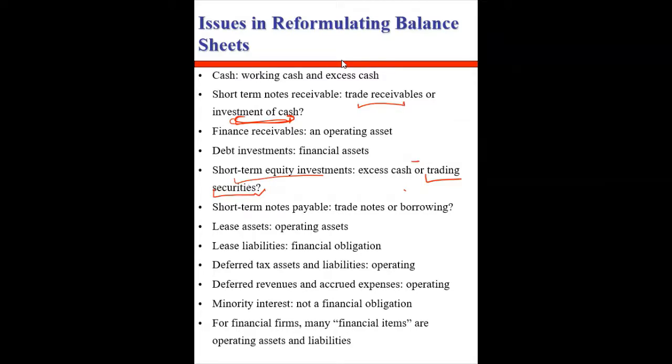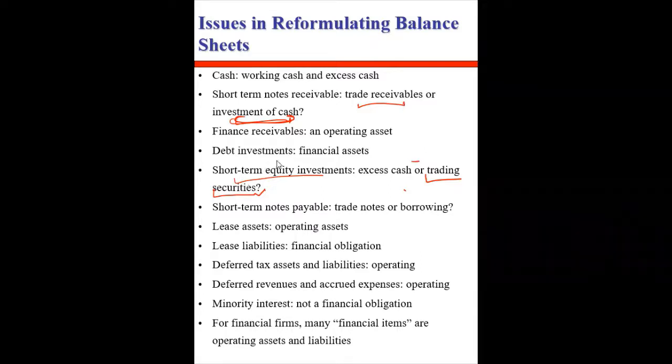Someone has asked, if they invested in their own business that could be operating, but investment in a subsidiary means investing in another business or operation. Yeah, when it is a subsidiary, in that case we consider it as operating. We consider it an operating asset when it is a subsidiary.